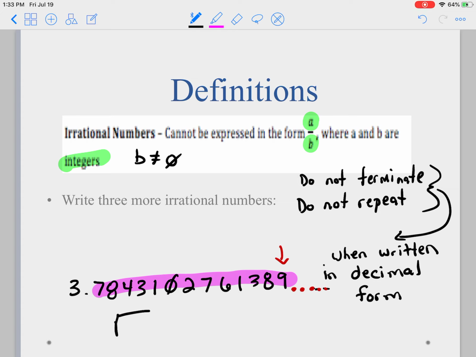And we'll talk a little bit more about perfect squares in future units, but a square root that is not a perfect square. So for example, the square root of 5, if you were to enter that into your calculator, you would see that the square root of 5 does not terminate and it does not repeat. And so that would be considered as an irrational number for that reason.